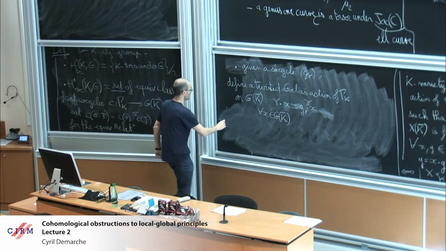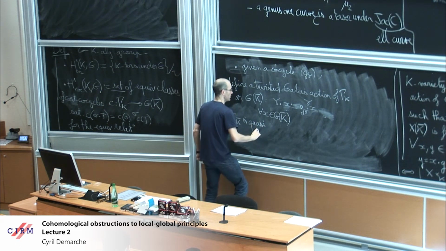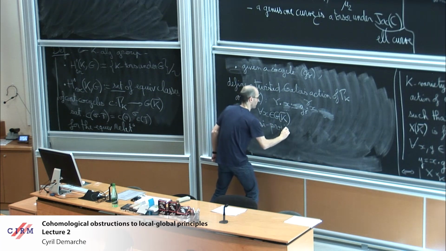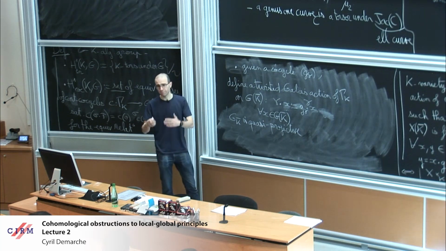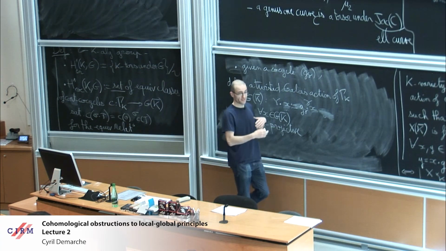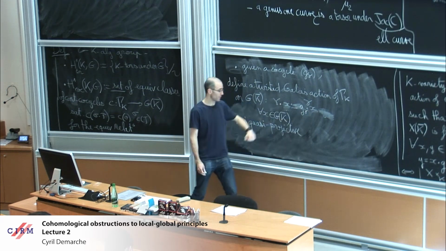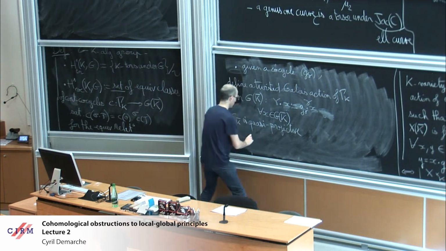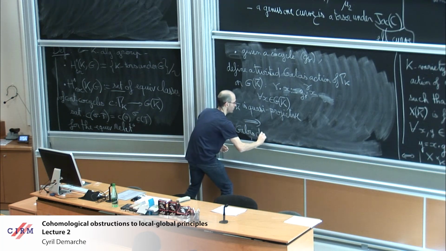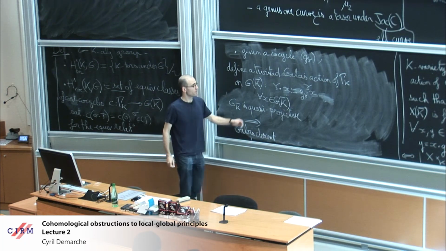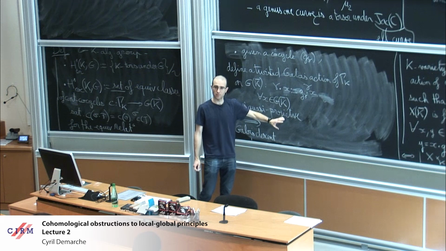And G bar is a quasi-projective variety over K bar. So if you have a quasi-projective variety together with descent data, which is exactly an action of the Galois group on the K bar points, Galois descent tells you that this variety together with this Galois action comes from a K variety.